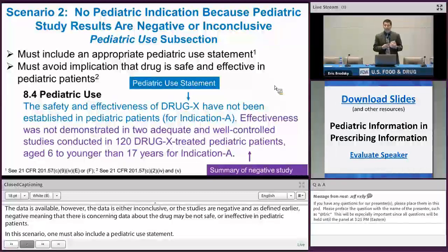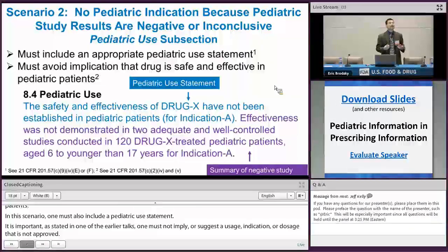So here, for the pediatric use statement, one states the safety and effectiveness of drug X have not been established in pediatric patients for indication A. So it's somewhat of a negative pediatric use statement.